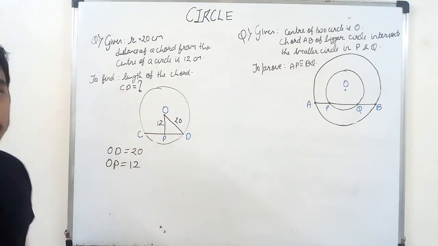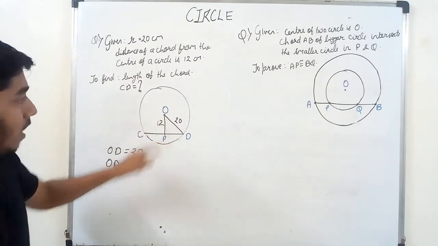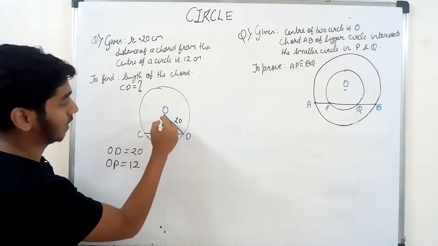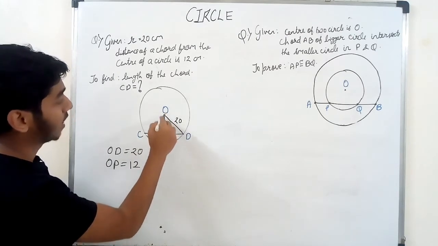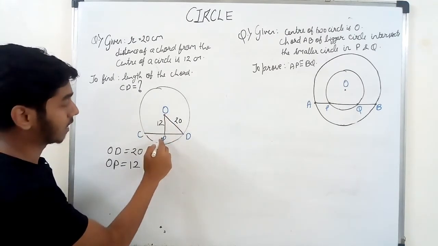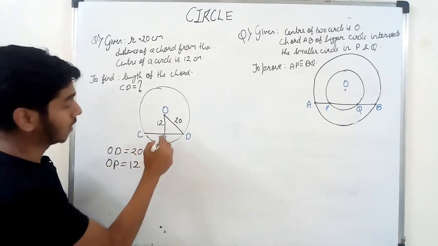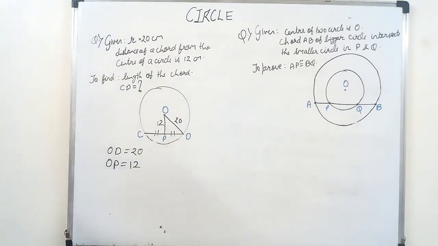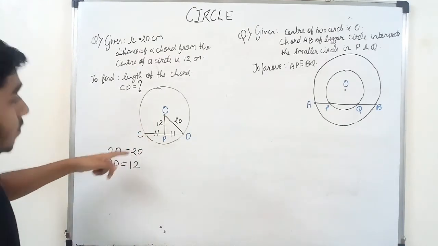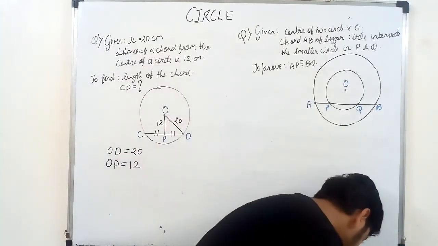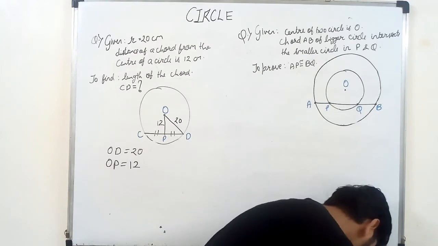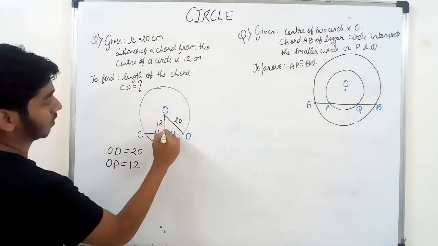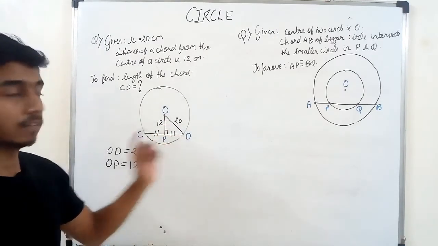Now if you remember the theorem which says that if you draw a perpendicular to the chord, then it will divide the chord into equal parts, correct? Here it's given that it's perpendicular in the question itself.